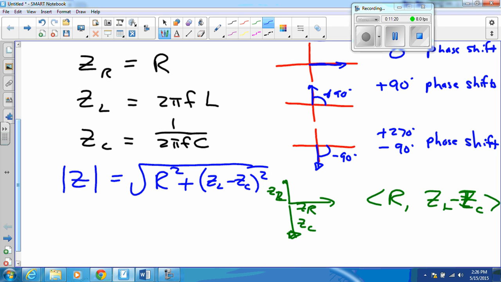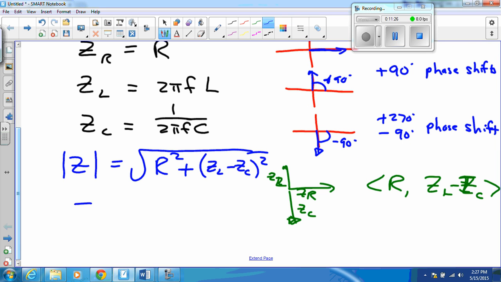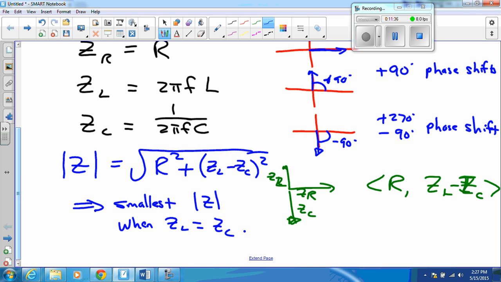Now this is significant for us because it's going to tell us some things. First of all, it's going to tell us immediately that we're going to have the smallest impedance when ZL is equal to ZC. Think about that for just a minute. That's when this term will be 0 and I get just R.